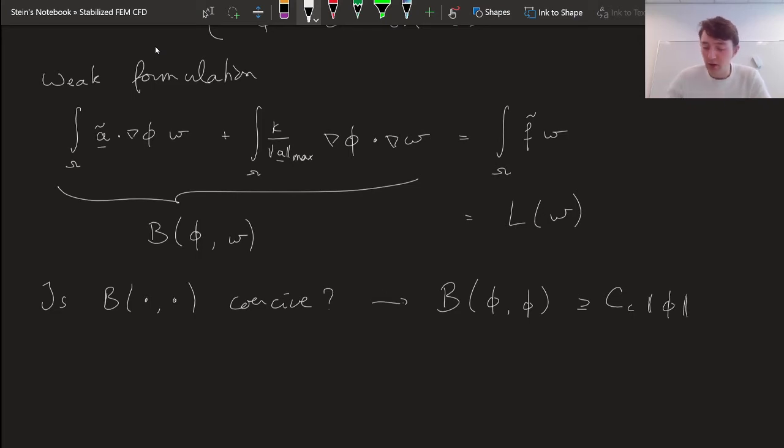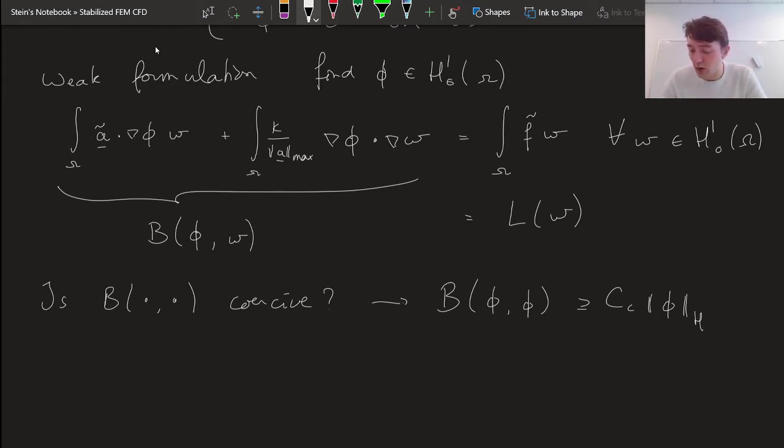Well, clearly, well, actually, in what measure do we take the norm here? Well, we know that we need gradients, so this is going to be looking for phi in H1 0 because of the boundary condition, such that this is true for all functions w in H1 0. So we have to deal with the H1 norm here.